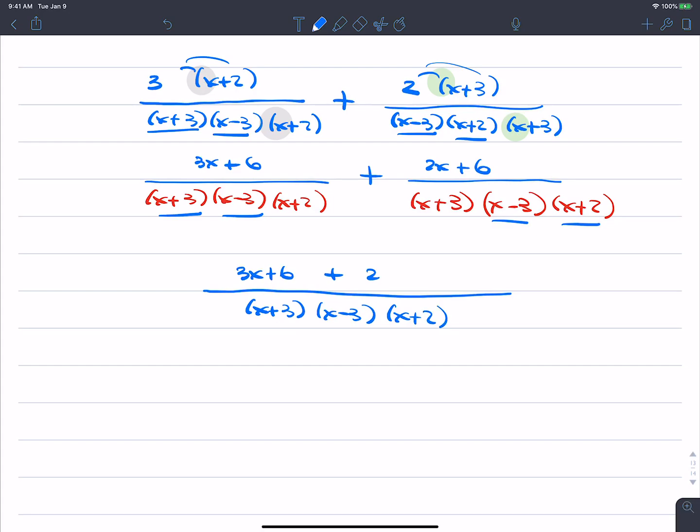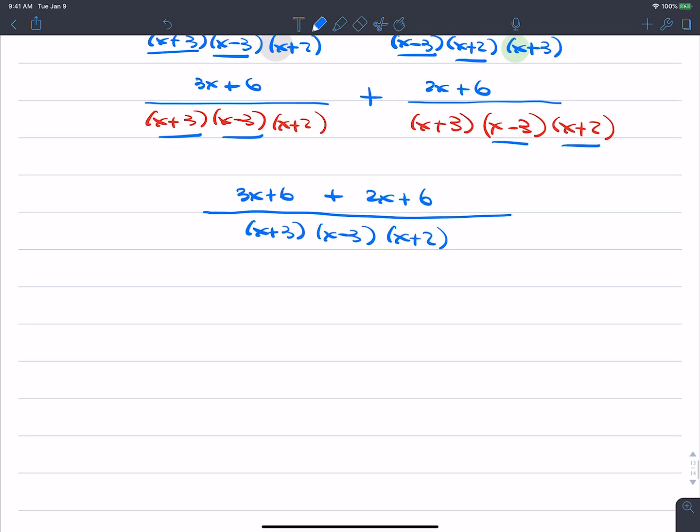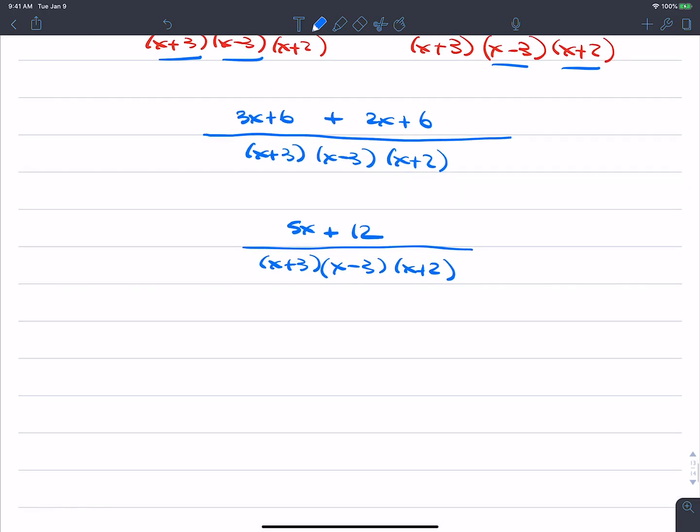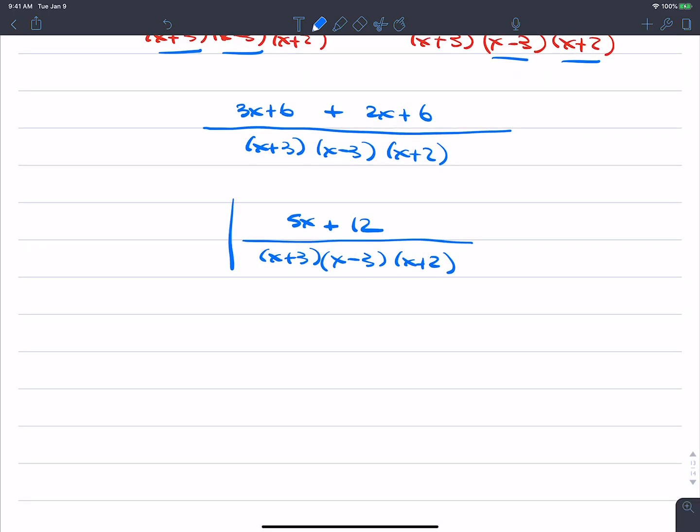So we can combine like terms and we end up with 5x plus 12 for the numerator, over x plus 3, x minus 3, and x plus 2. Notice the numerator is not factorable, so you're done.